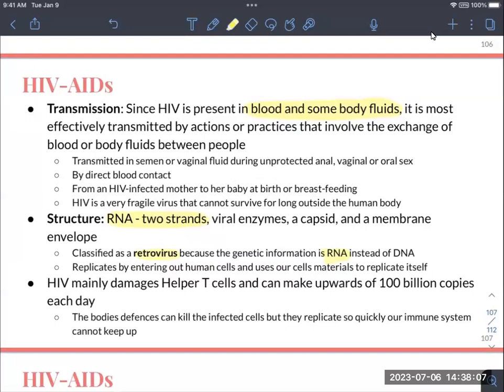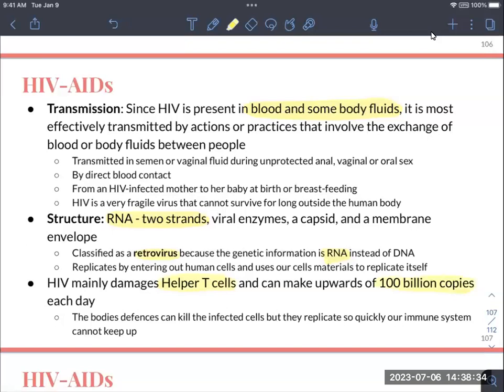The problem is the cells that it's going to invade are helper T cells. Through these helper T cells, and how they can replicate so easily and fast for our own immune responses, HIV can make up to 1 billion copies of itself every day.